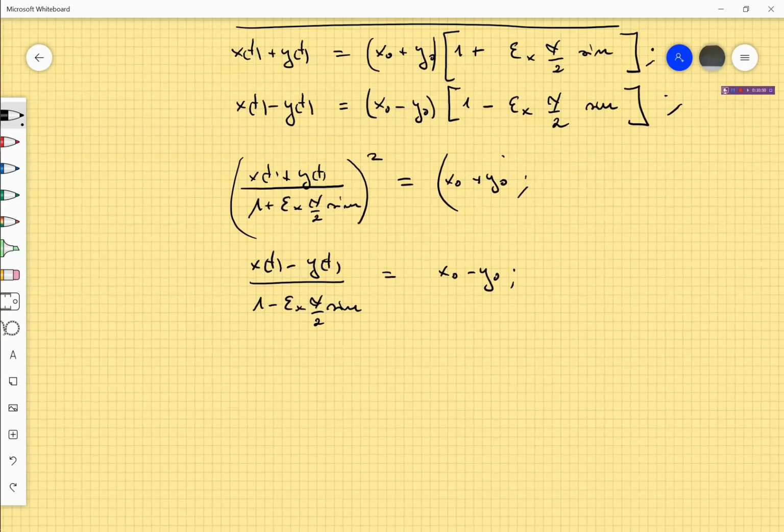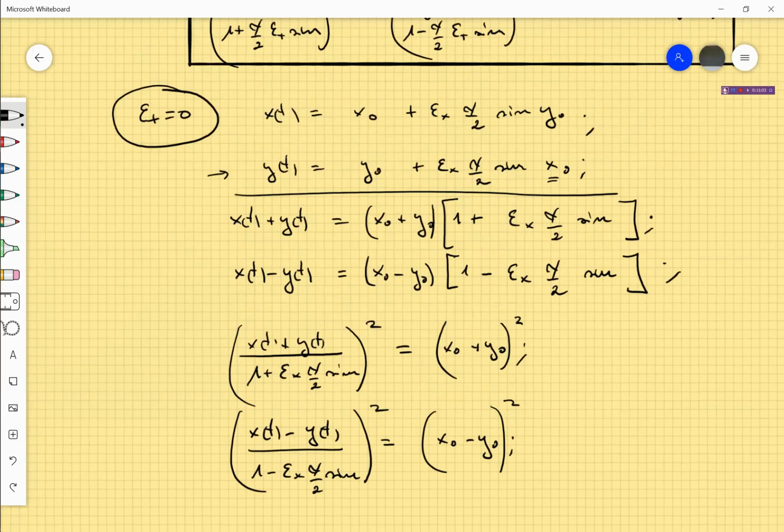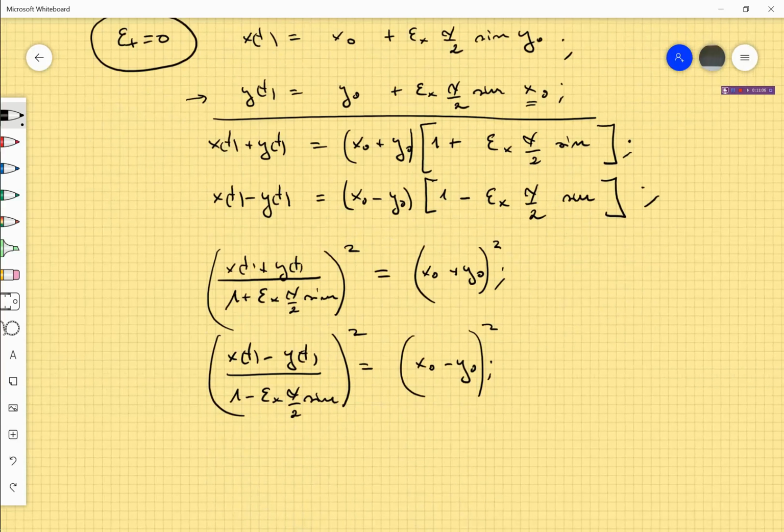Okay, so if we used instead of the coordinates x and y a new coordinate which is the sum and another coordinate which is the difference, these equations and these equations would be exactly the same.